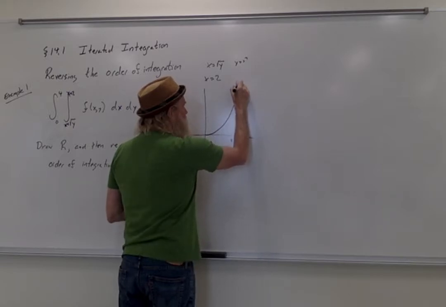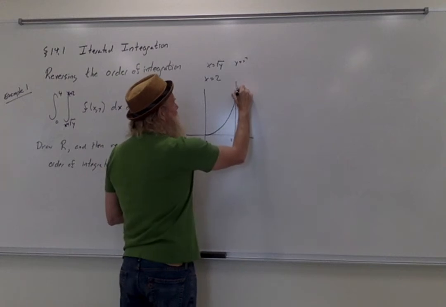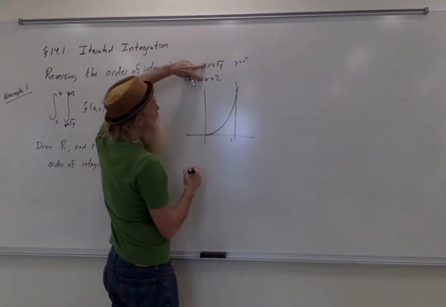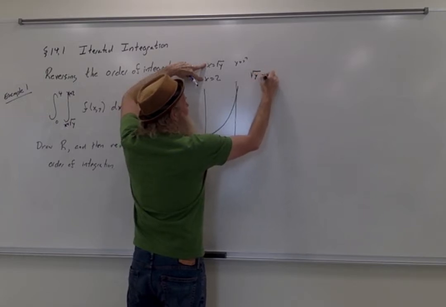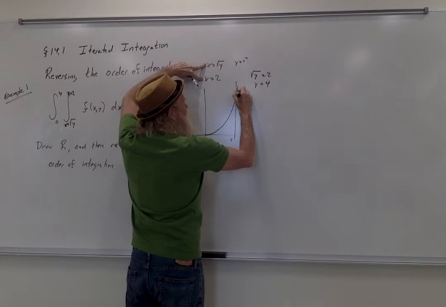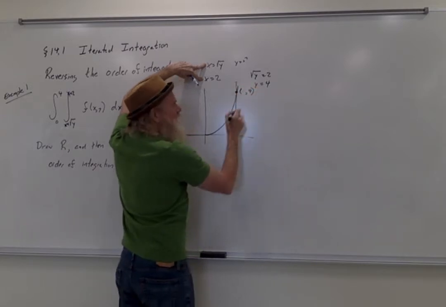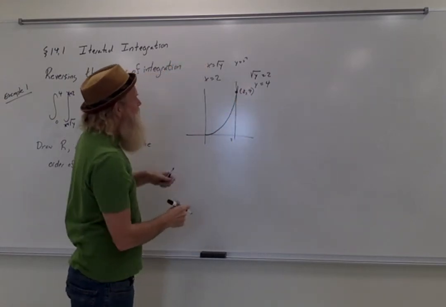So x equals 2 looks like this. Notice if you want to figure out where they cross, we can set them equal to each other. So square root of y equals 2, so y is 4. So they're going to cross here at a point with the y coordinate of 4, and the x coordinate is 2.